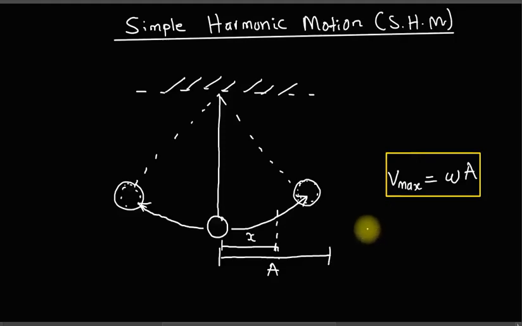And in such cases, to find the velocity we use the formula v equals w square root of a squared, that is the maximum displacement, minus x squared. So to find the velocity at a point some distance away from the equilibrium position, but not the maximum distance, we use this formula. So take note of it.